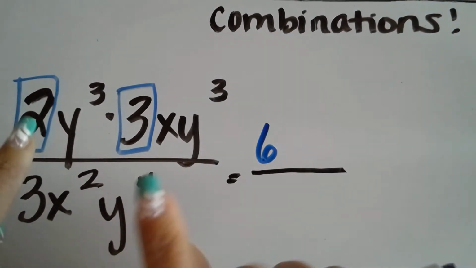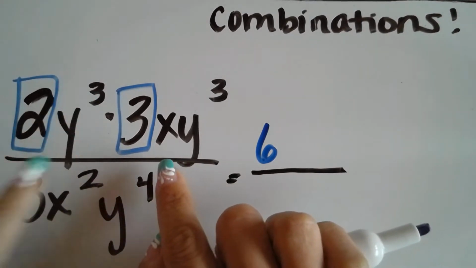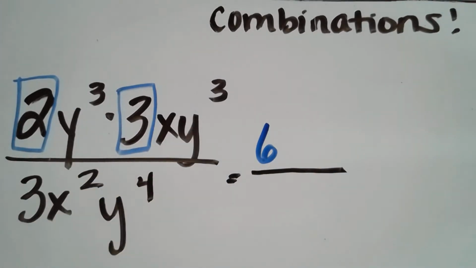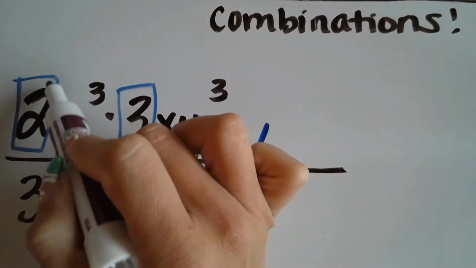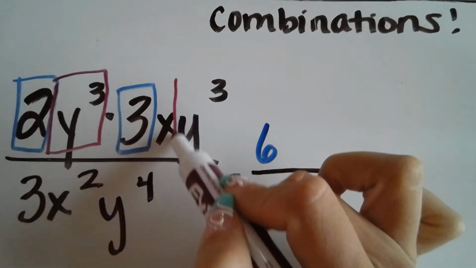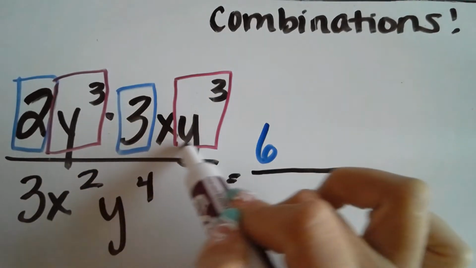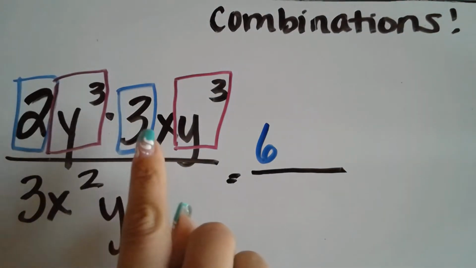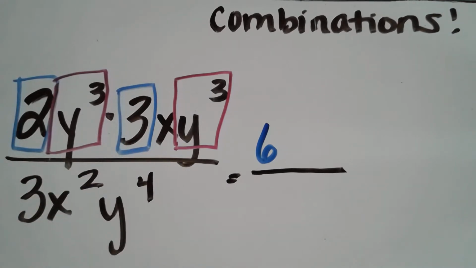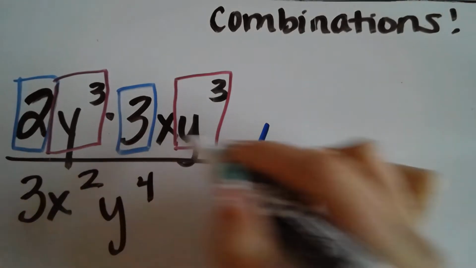Now we also notice that this one has a y to the third, and this one has an x and a y to the third. So I'm going to have to combine my y to the third and my y to the third because they're both y's. Nothing is to be combined with this x, so we're just going to rewrite that x.